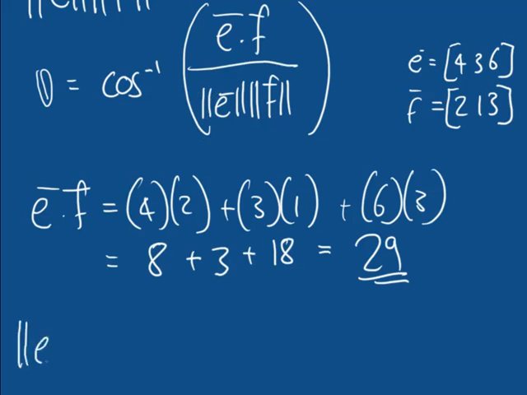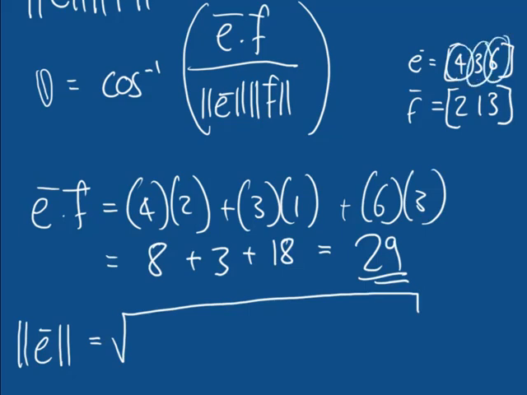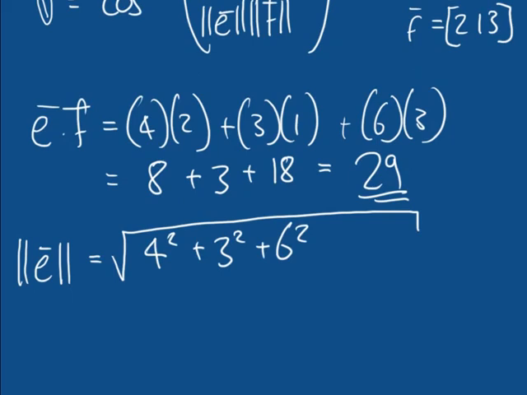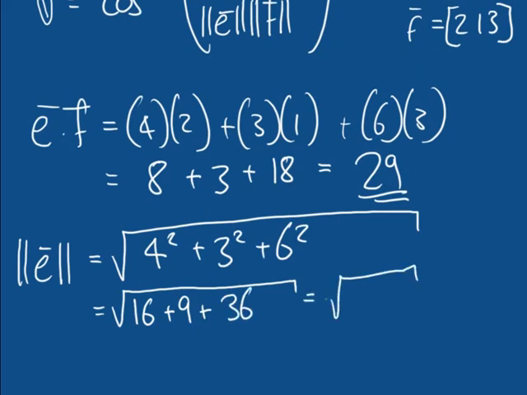So the length of e, the magnitude of e, is equal to the square root of x squared plus y squared plus z squared. So 4 squared plus 3 squared plus 6 squared, which is equal to the square root of 16 plus 9 plus 36, which is the square root of 25 plus 36, which is the square root of 61.